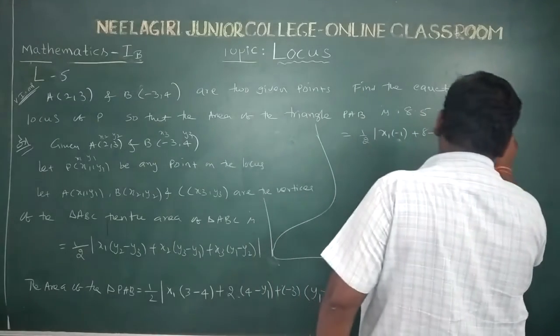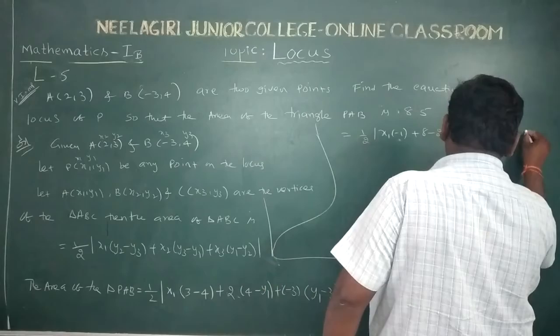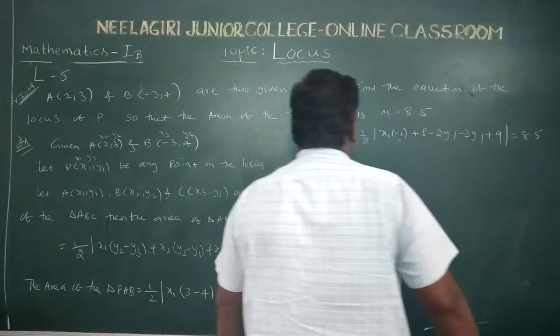Minus into minus gives plus 9, equal to 8.5.